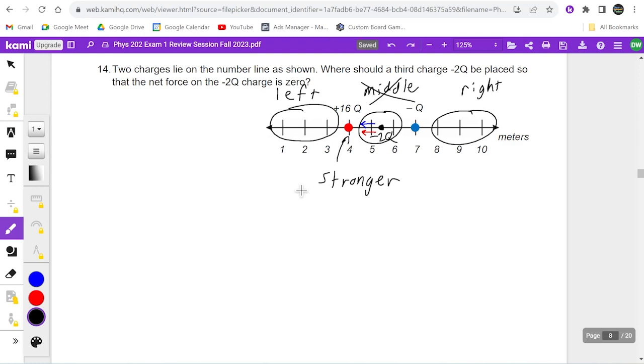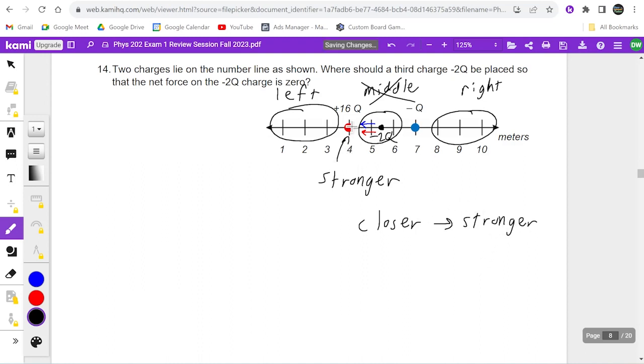But there's more than just strength, like charge, when it comes to balancing out forces. Distance also matters, because distance shows up in that force equation. And I think we all know, if you're closer to the charge, that's going to make it stronger too.